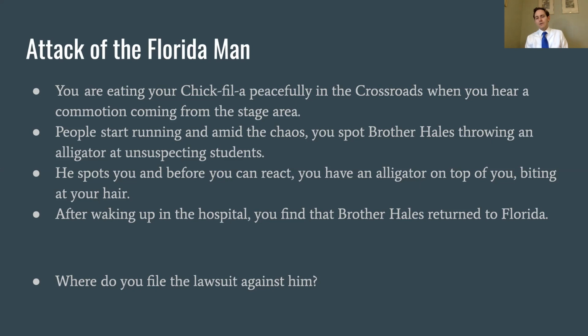Can you sue me in Florida? Well, I've run from the law. I've run back to Florida. Can you sue me in Florida? Yeah, you bet. That's where I am. Are there minimum contacts over me in Florida if that's where I'm living? Always. Now you may be wondering, are there minimum contacts over me? Remember that this analysis is over the defendant, the person that you're suing has to have minimum contacts.